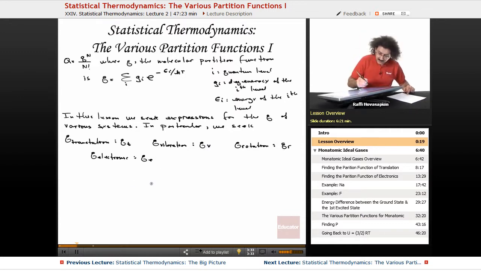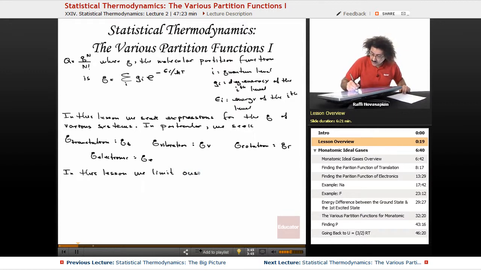In this particular lesson, we limit ourselves to monoatomic and diatomic gases.